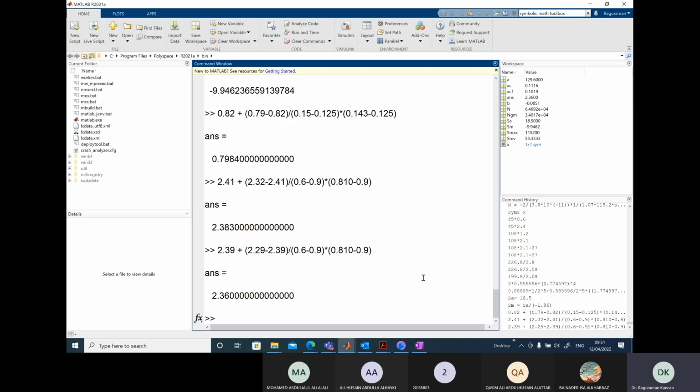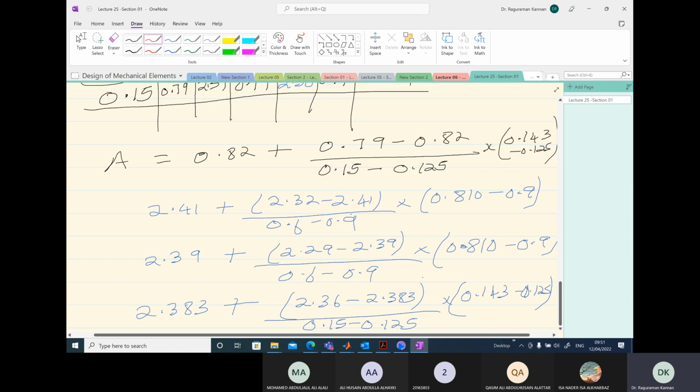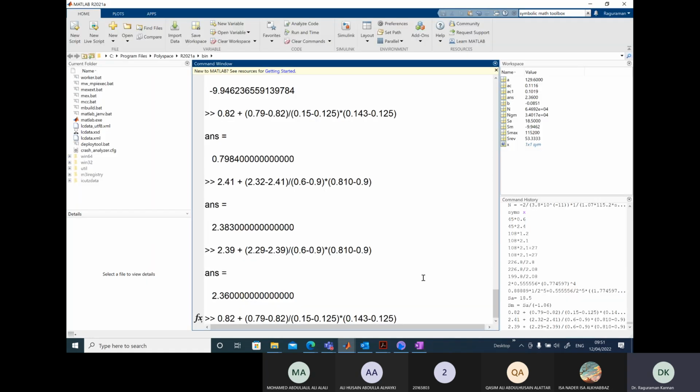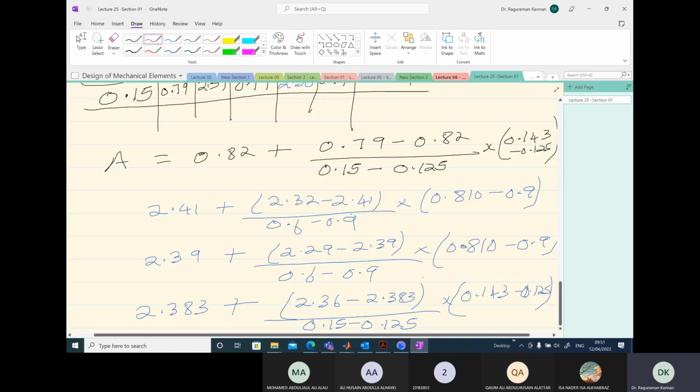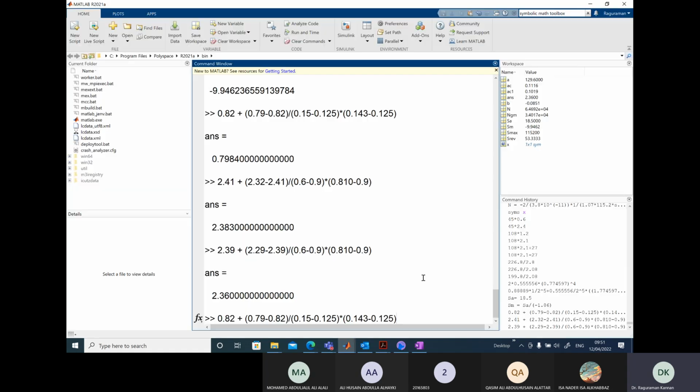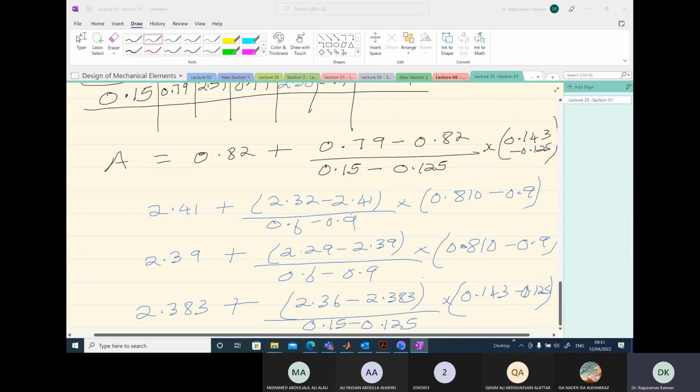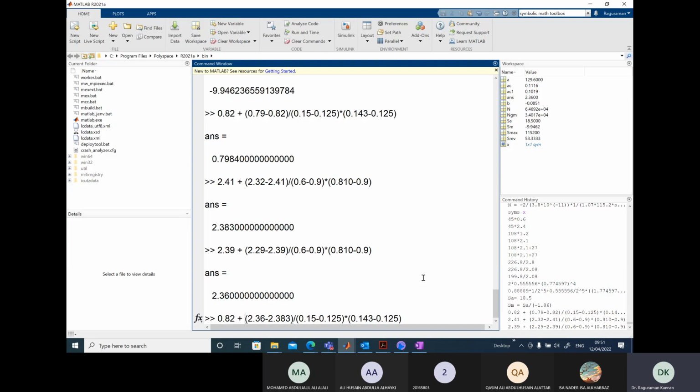So let's see here. We have 0.15 minus 0.125 in the denominator, and in the numerator 2.36 minus 2.383, then 2.383 again.